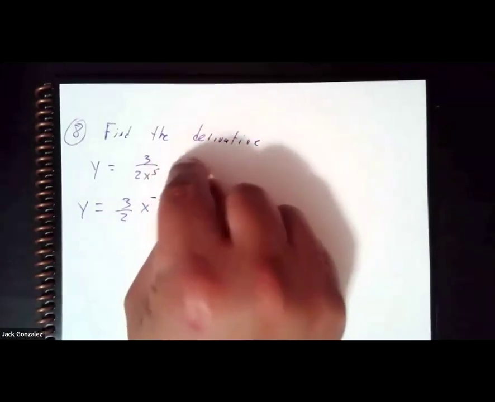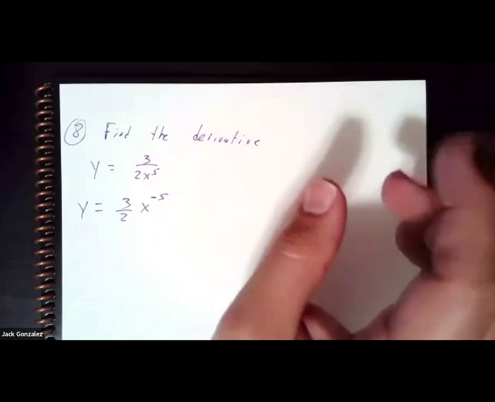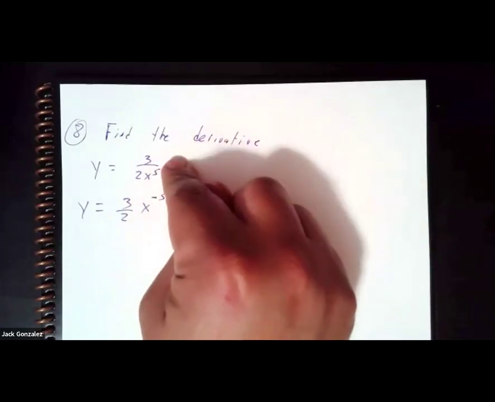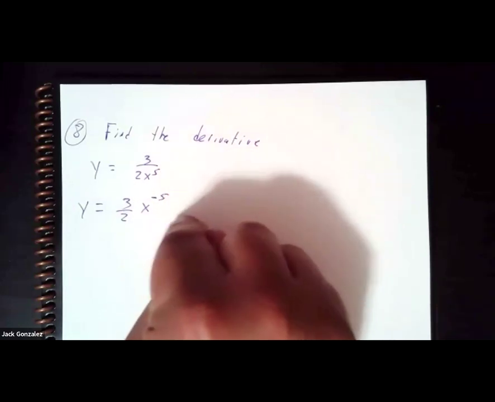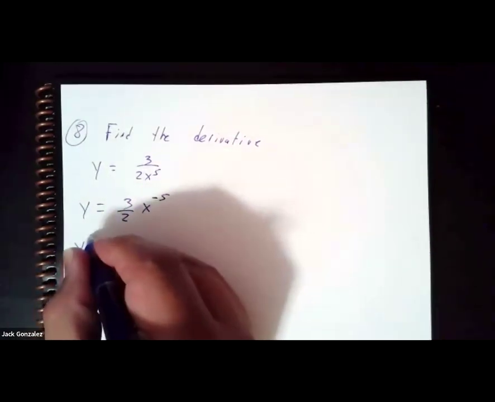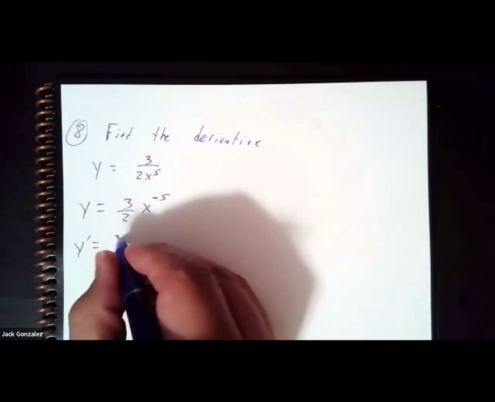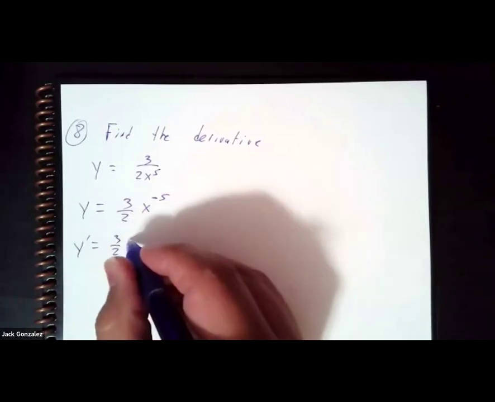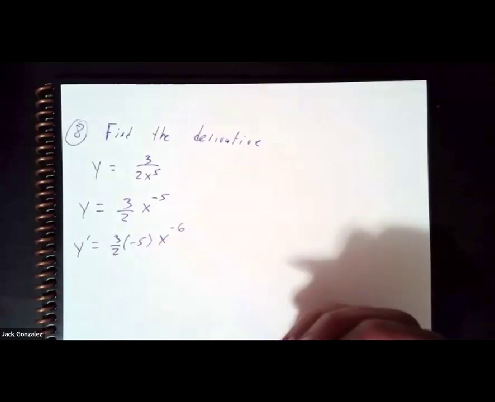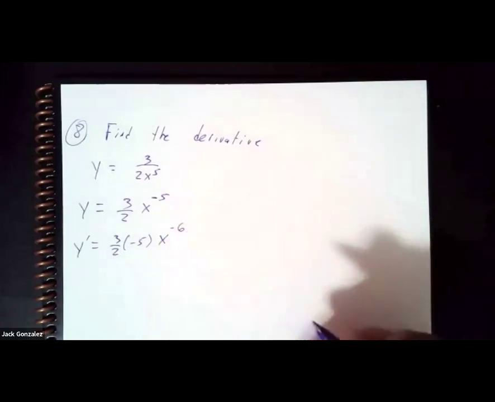So before you do quotient, try to check and see, can I rewrite it first? Because quotient can be annoying. You could do quotient on this and it will work out. But if you rewrite it, you see how this is just a power rule? So just do the power rule and that's it.